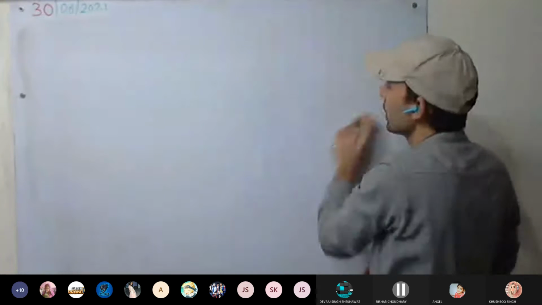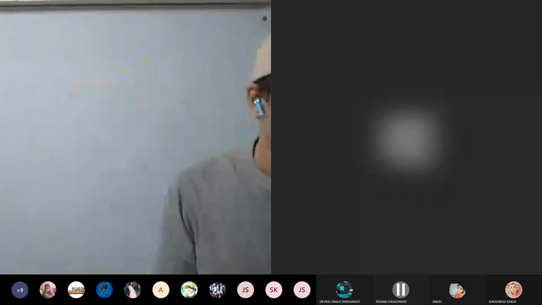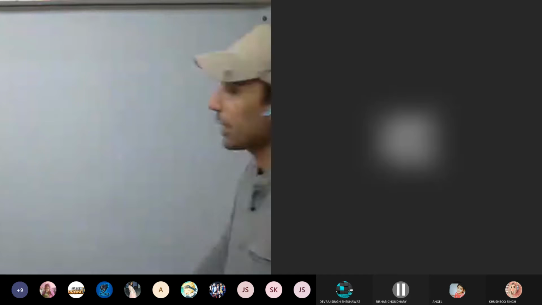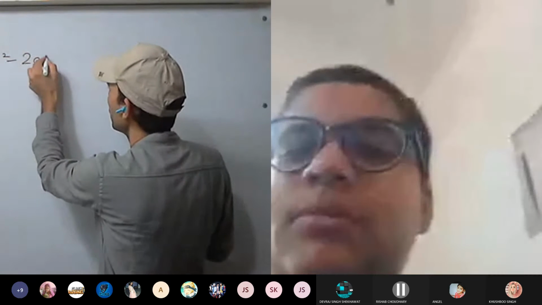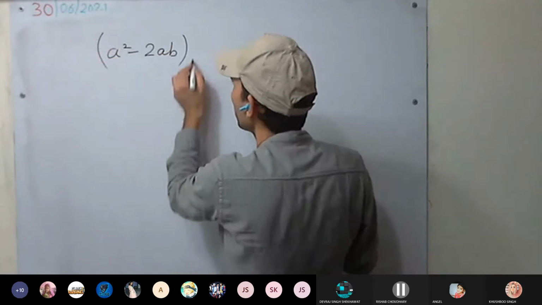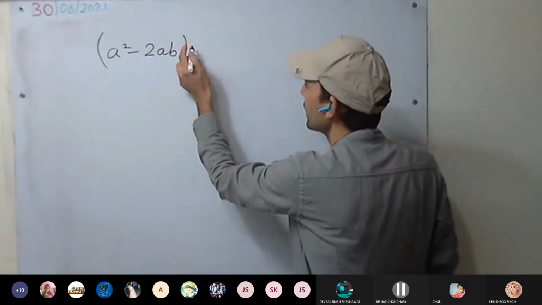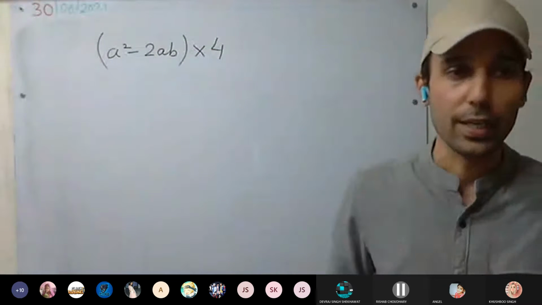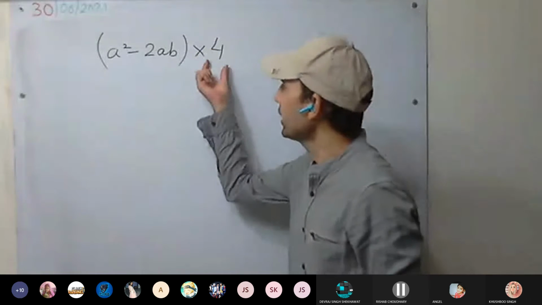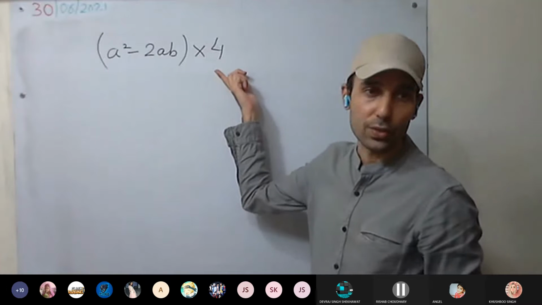Two terms, and it is multiplied with a monomial, that is one term. So the question is a square minus 2ab. It is multiplied with 4.